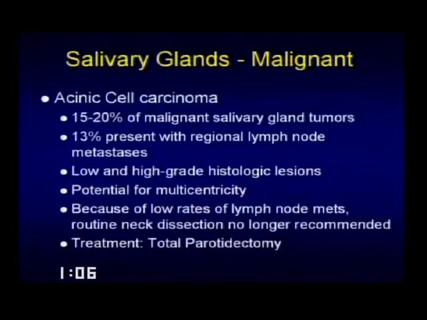It tends to have a worse prognosis, and it has a high incidence of local recurrence and distant metastasis. A way to remember this: most of the tumors in the parotid are benign, about a 50-50 split, so remember that the submandibular tumor tends to be more malignant and more aggressive, and the most common would be the adenoid cystic cancer.